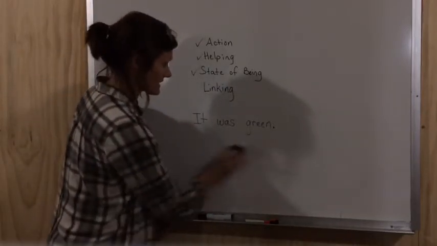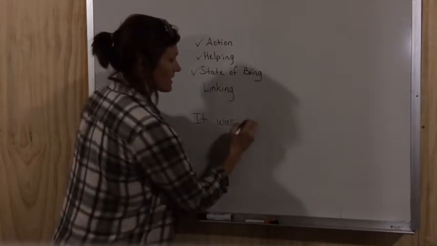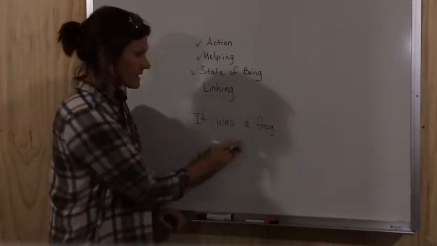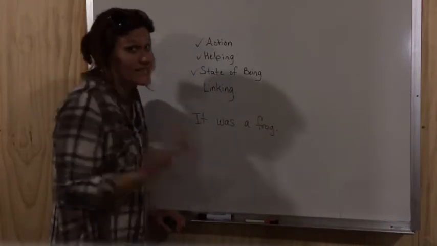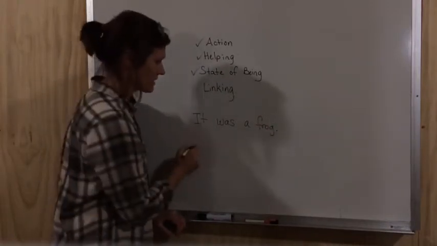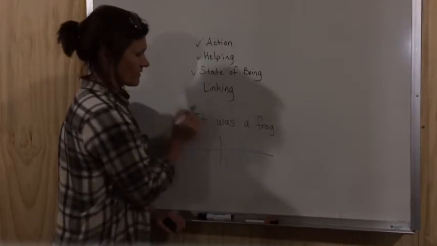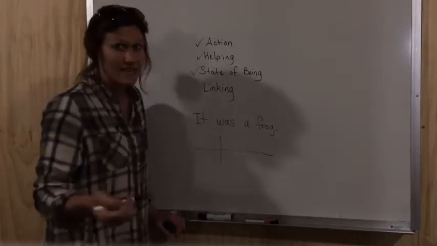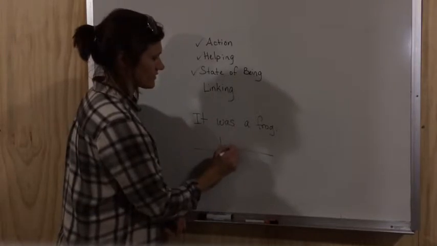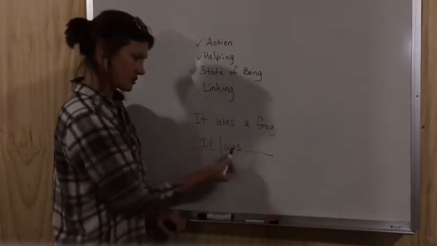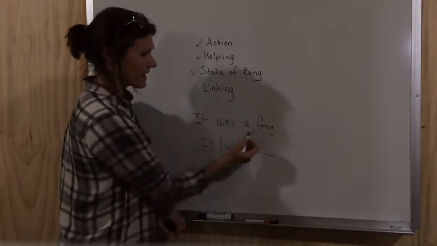I can also say, it was a frog. Now, you have the word frog. That's a noun. That's not an adjective, but it's renaming the subject it. It's telling what it is. So was is still your verb. Who or what was? It. So it is your subject. And then you have the word frog.